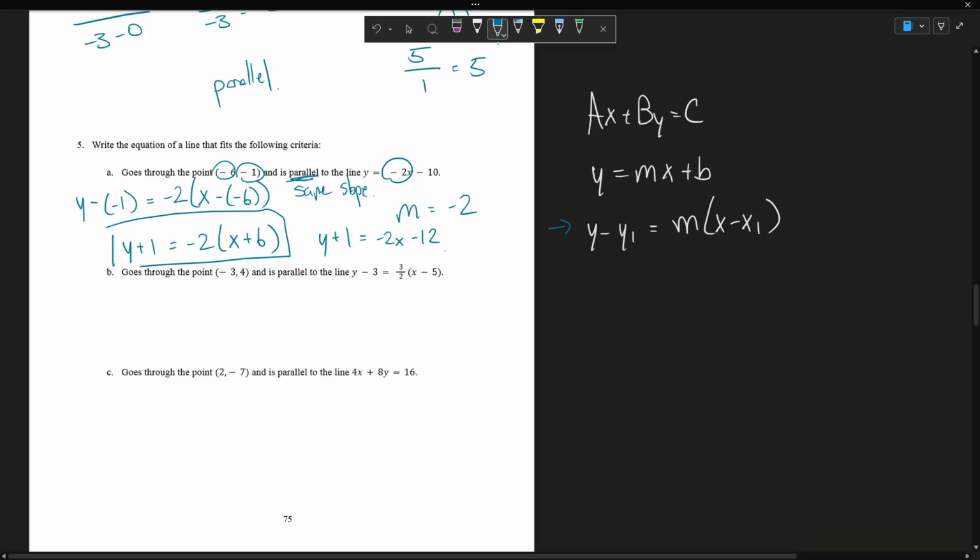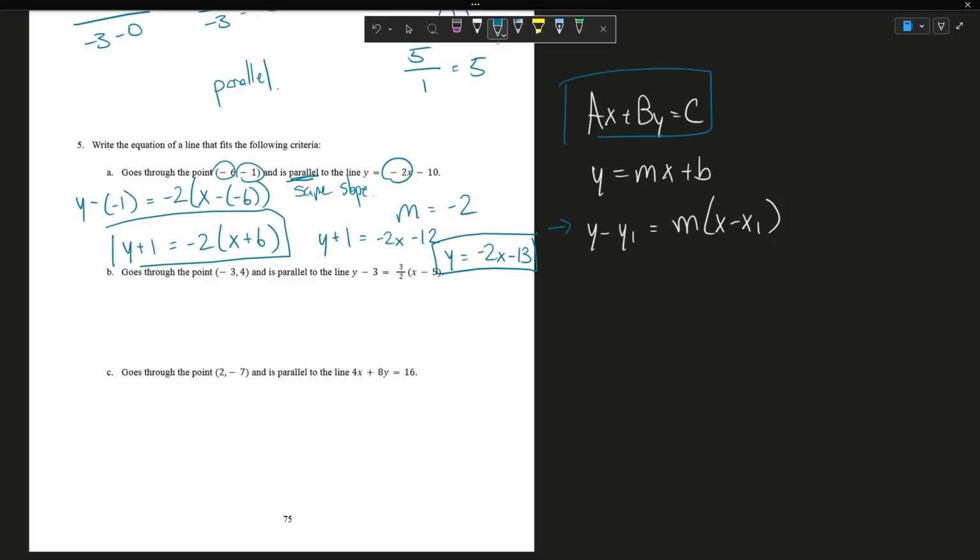Subtract the 1, y equals -2x minus 13. And that's your slope-intercept form version. Either form is correct. You can also do standard form if you want to. But this one doesn't specify which form, and as long as it is a valid form, it will be an acceptable answer. So now please try going through this.